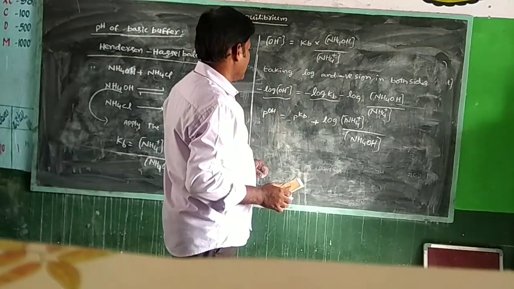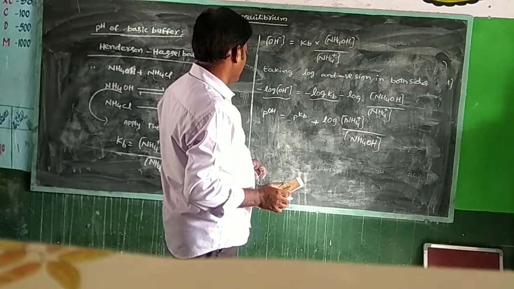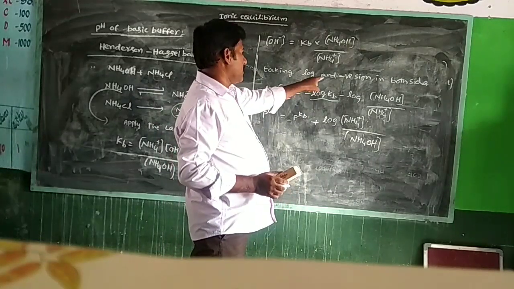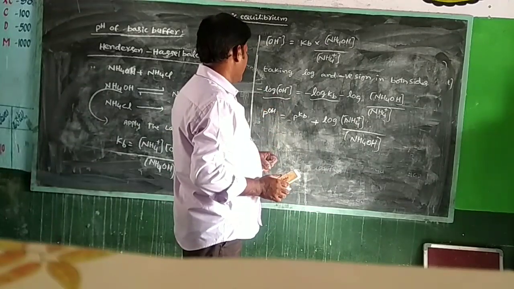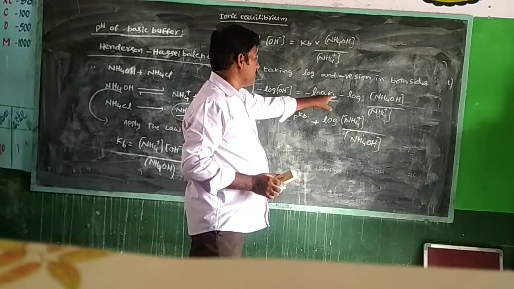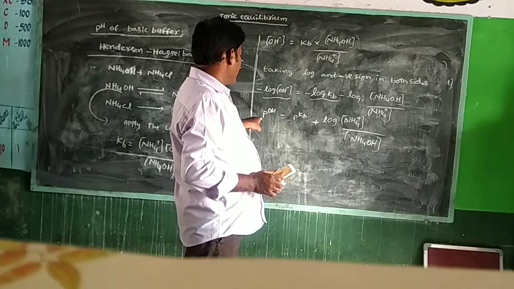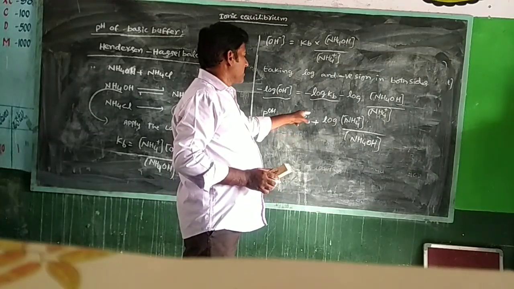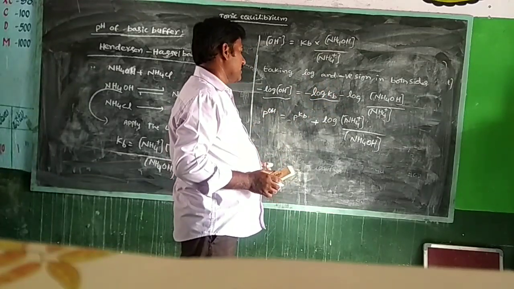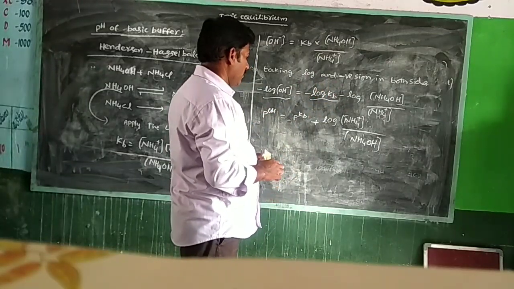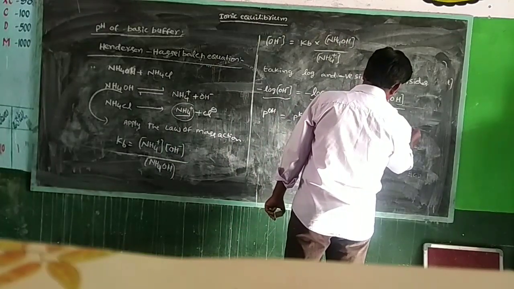OH minus concentration is equal to Kb into NH4OH concentration upon NH4 plus. Taking logarithms and negative sign on both sides: minus log of OH minus is equal to minus log Kb minus log of NH4OH by NH4 plus. So pOH is equal to pKb plus log of NH4 plus concentration upon NH4OH concentration.